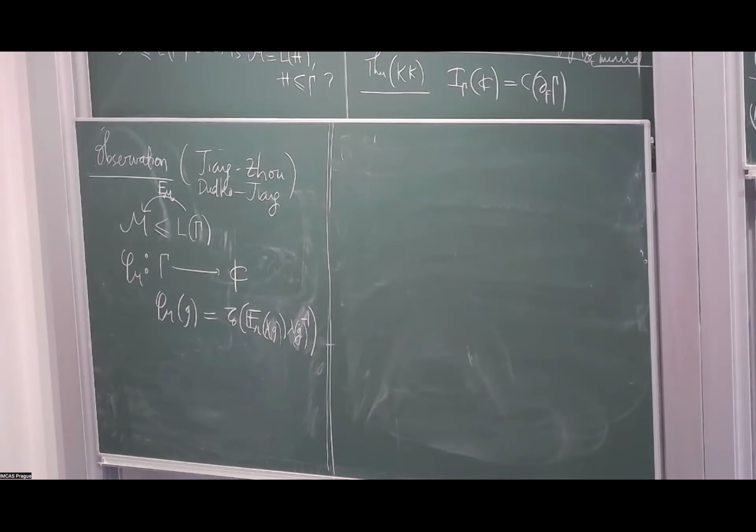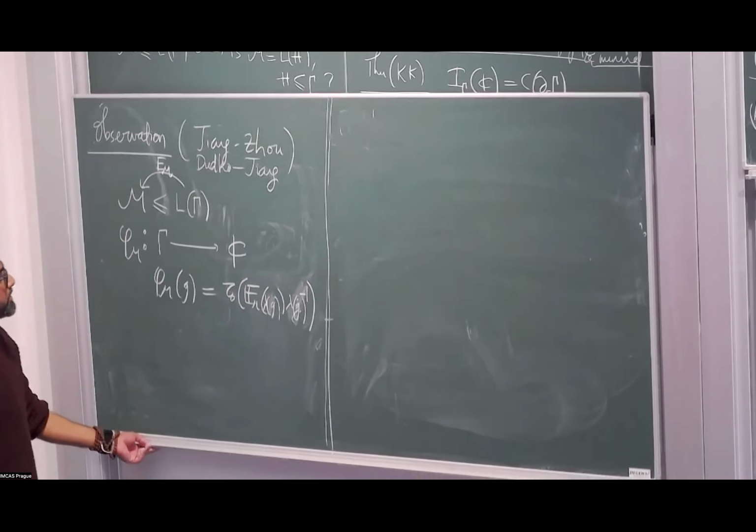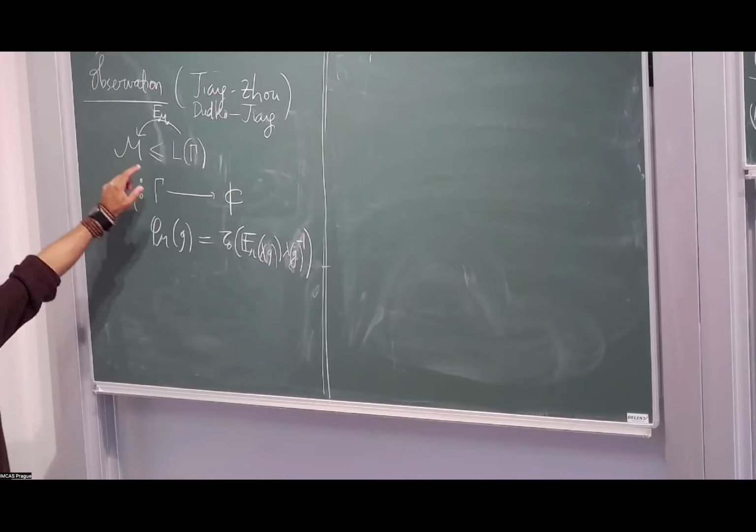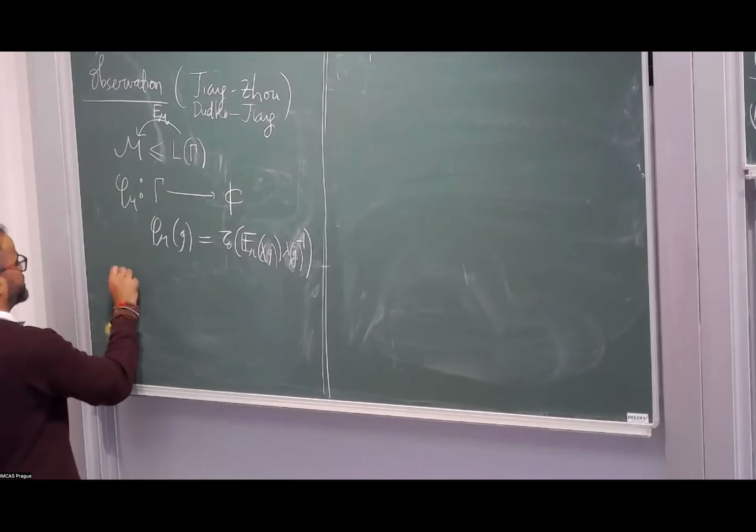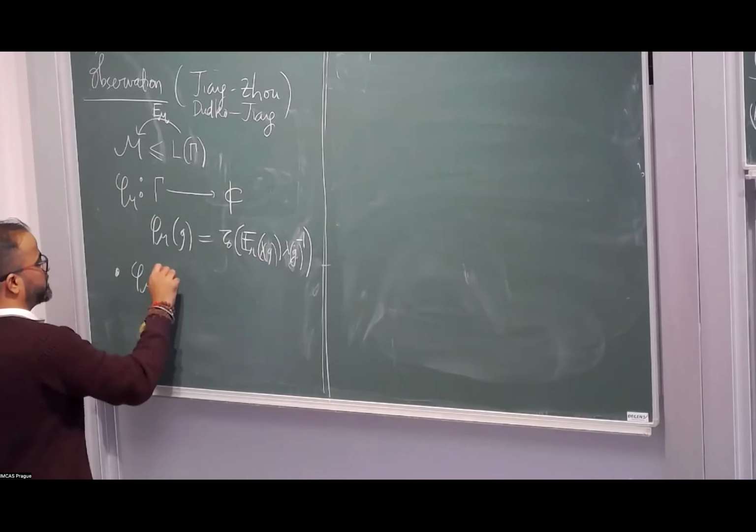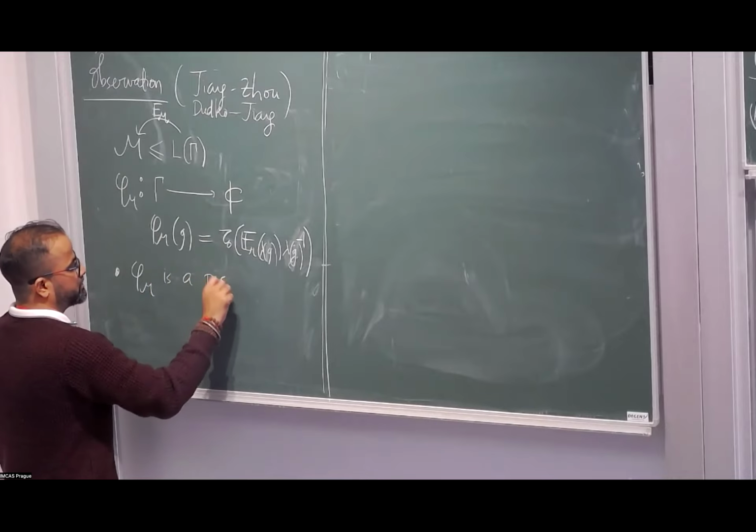So this is a priori just a map on the group. It has no relationship with the von Neumann algebra that I started out with. But it turns out that this map actually determines this von Neumann subalgebra, because this map is a positive definite function.